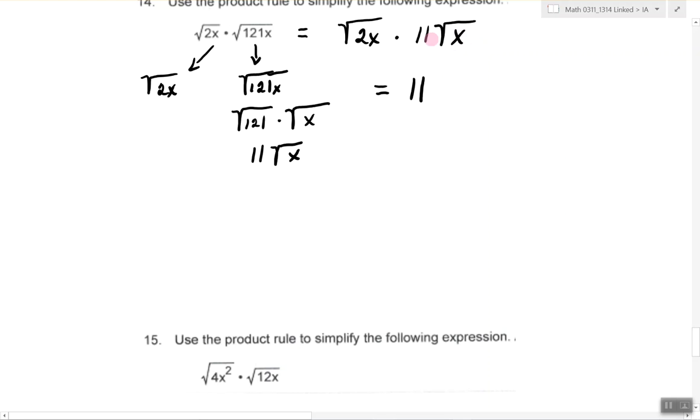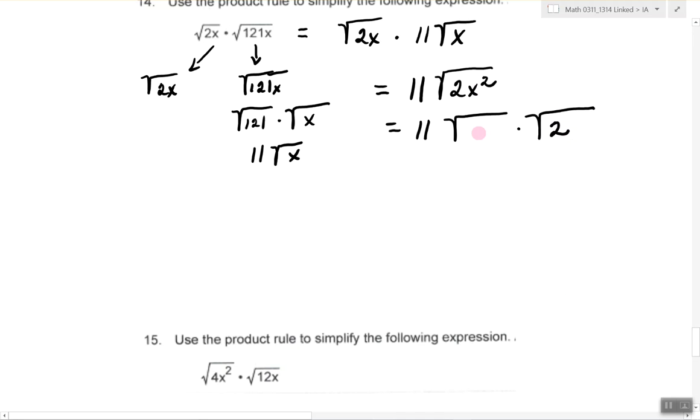So the 11 is on the outside. Multiply the radicands. That's 2x squared. So I simplified, then I multiplied, and now I'm going to see if I can simplify again, because many times you create a perfect square through the multiplication. I'm going to keep the 11, and I can simplify this. Now I can't do anything with the 2, so it goes back here with the non-perfect squares.